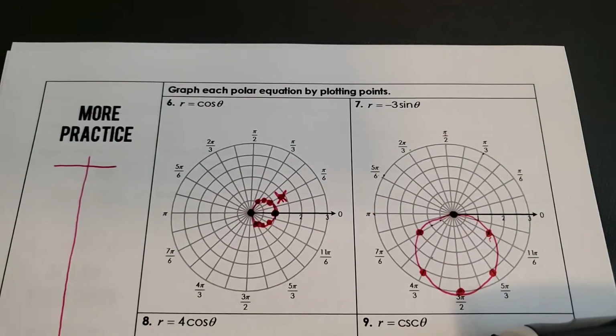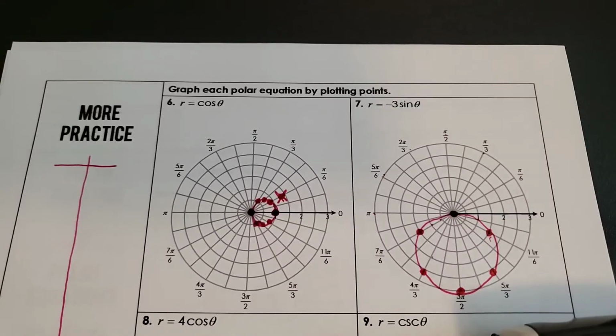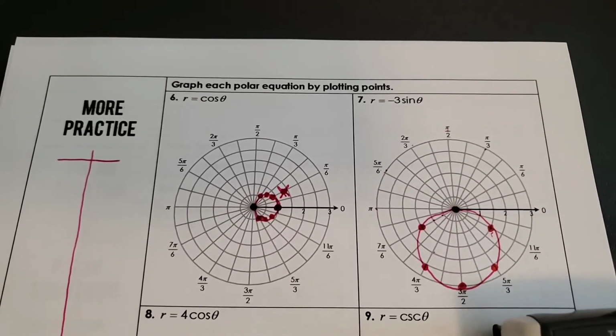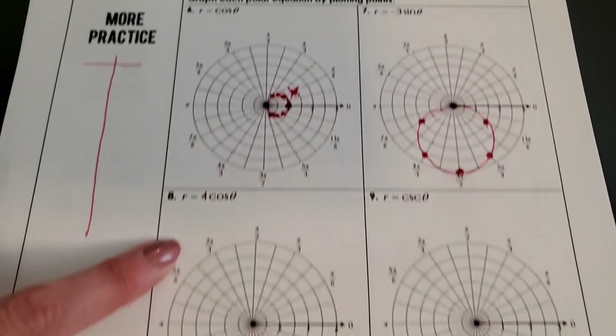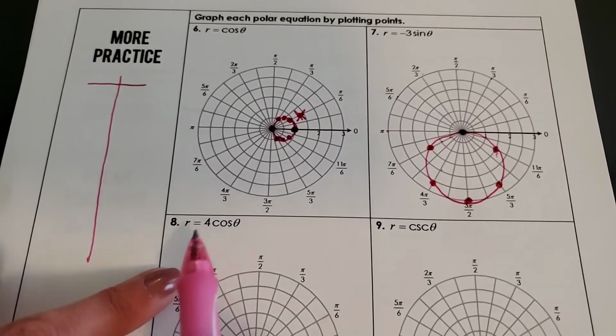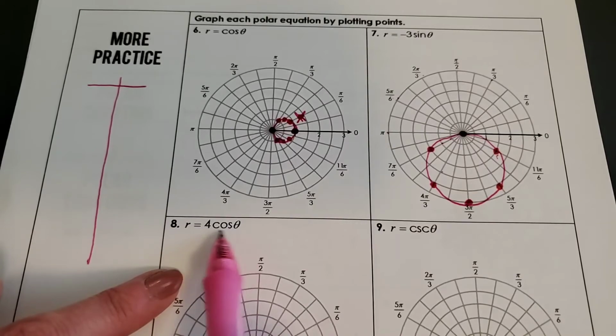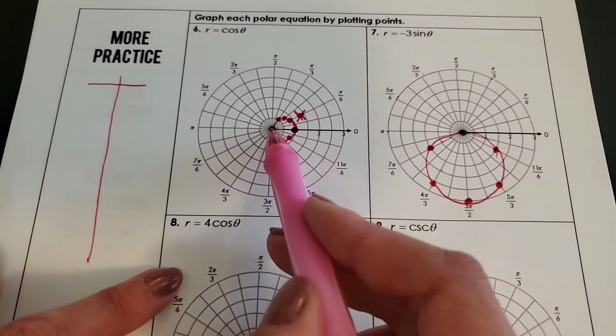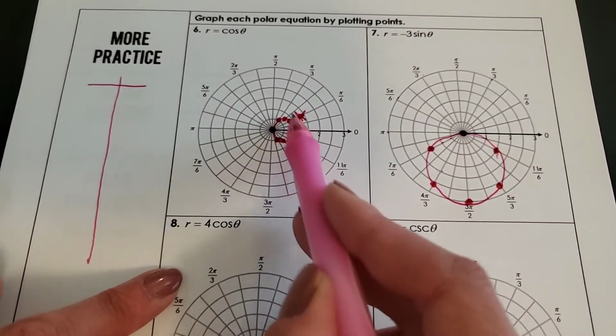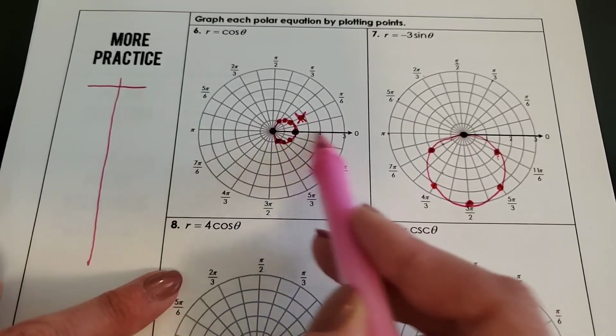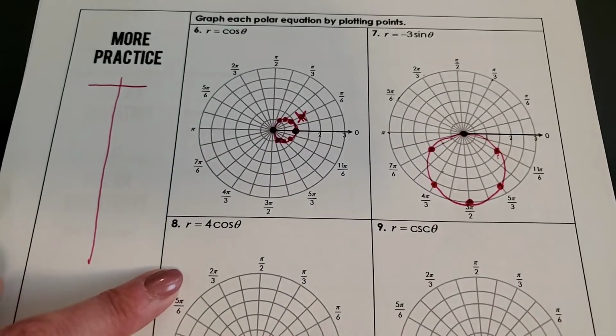If it feels strange, that's because it is. It's a whole new ball game here. Okay. Number 8, we're looking at 4 cosine of theta. So I should see a circle coming around and being split by that x-axis because cosine's x.